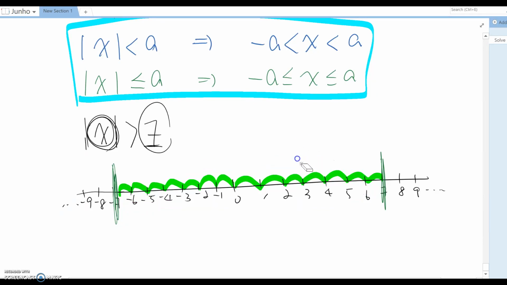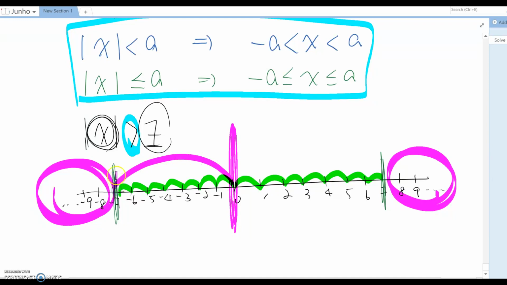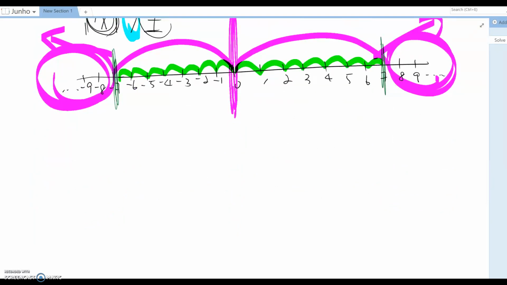Okay, but we want to look for greater than 7 units. Then this case must be this area or this area, which means when we count from the unit centered on 0, there must be more than 7 units. So we know this is 7 units, then there will be beyond the 7 units. This is 7 units, then there will be beyond the 7 units. So based on this truth, we can set up that.